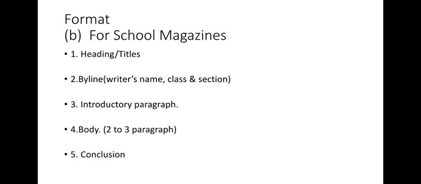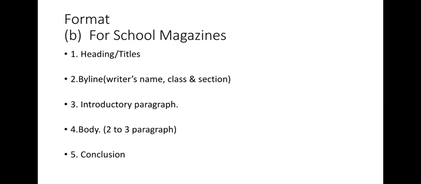In number 2, you know what is the meaning of byline now, right? Byline means the name of the writer. So if we are writing an article for school magazine, then we need to mention the class and section along with the writer's name.